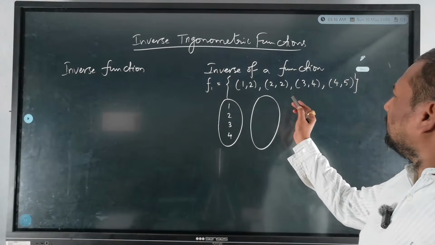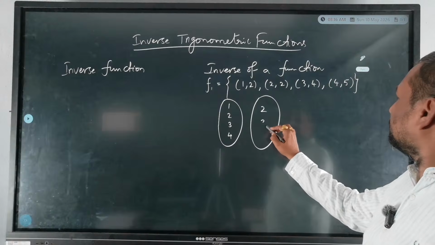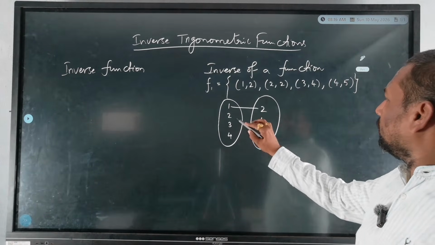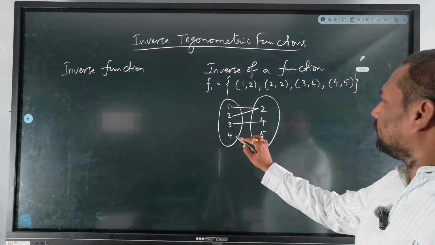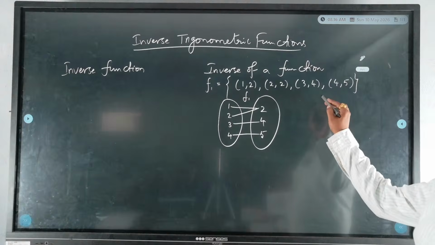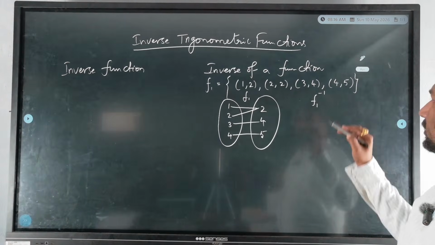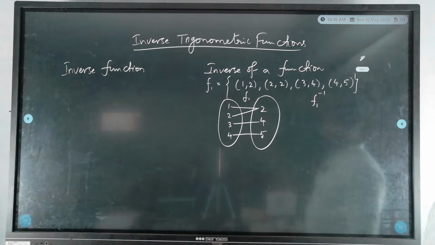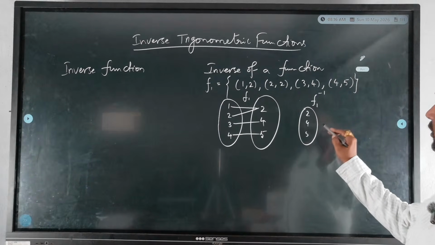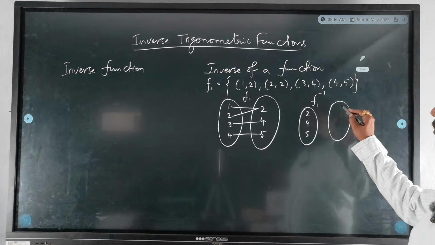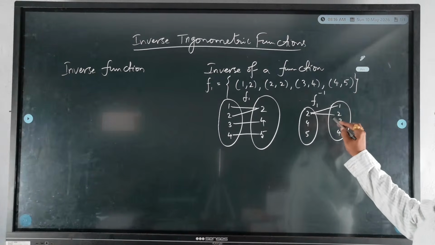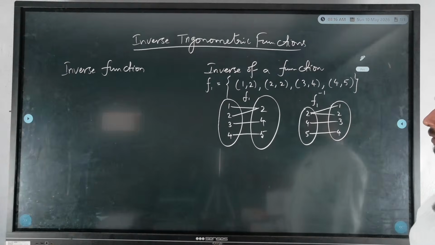What is its codomain? 2, 4, 5. So clearly it is a function f1. So what is f1 inverse? Codomain becomes domain, domain becomes codomain. Right. 2, 1, 2, 2, 4, 3, 4, 5.